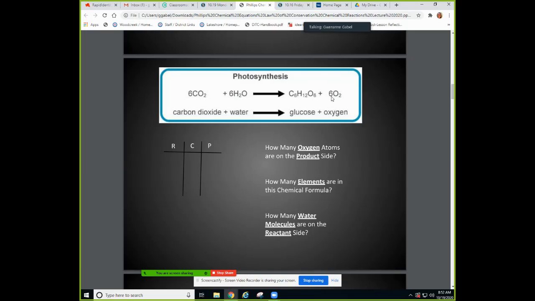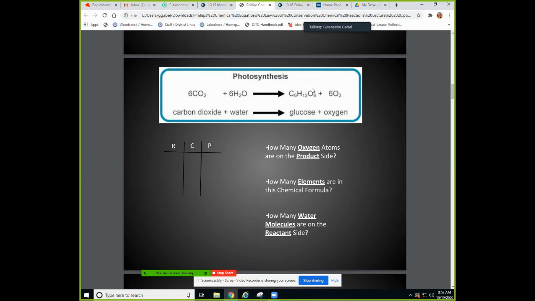And we already calculated that there are 18 oxygen atoms on the product side. This coefficient of 6 times 2 for hydrogen tells me that I have 12 hydrogen atoms on the reactant side. If you look on your product side, there are 12 atoms of hydrogen as well.